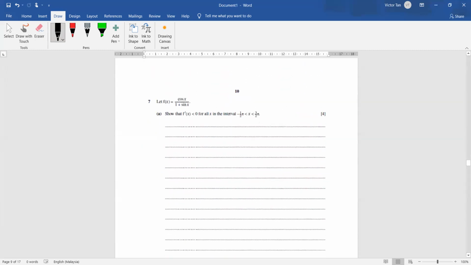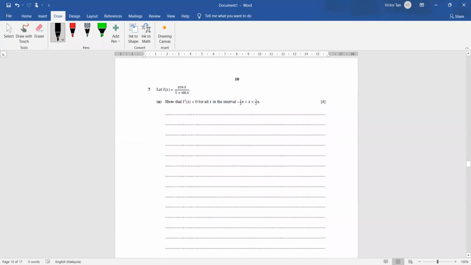Okay, good. Let f(x) equal cos x over 1 plus sine x. Show that f prime x is smaller than 0 for all x in the interval minus half pi to 3 over 2 pi. So let's differentiate f prime x. This one using the quotient rule.